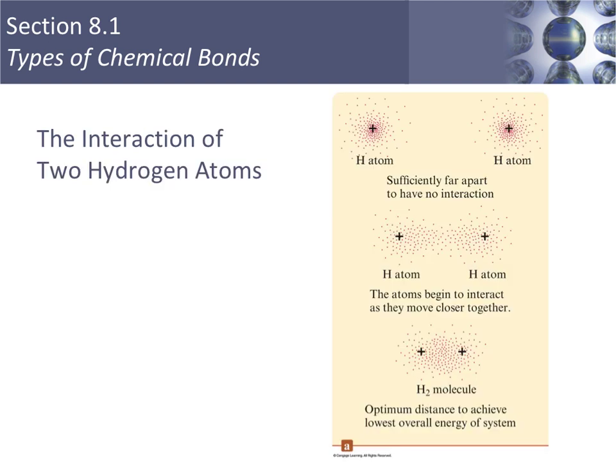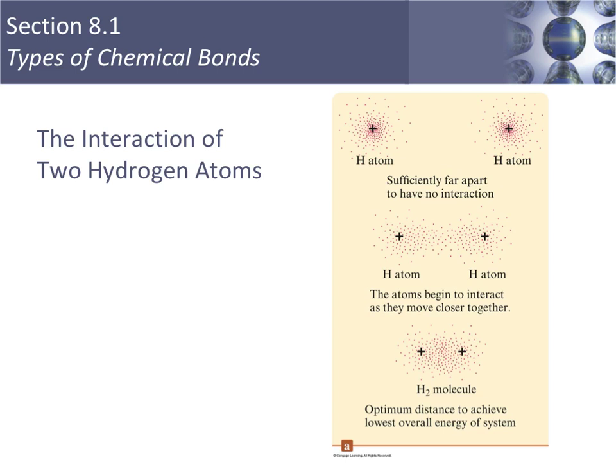The simplest type of bond that we can consider is the bond that forms between two hydrogen atoms, and we think of it in the following terms: initially the atoms are far apart and have no interaction. They gradually come together, and as they move together, several different forces are balanced.